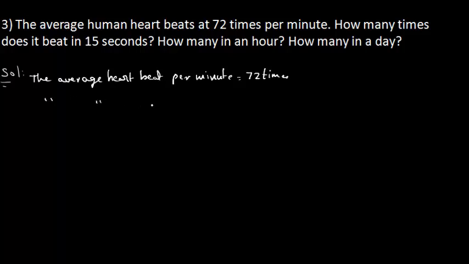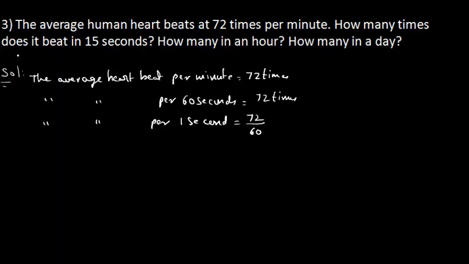The average heartbeat per 1 minute, which has 60 seconds, so 60 seconds equal to 72 times. The average heartbeat per 1 second is 72 by 60.